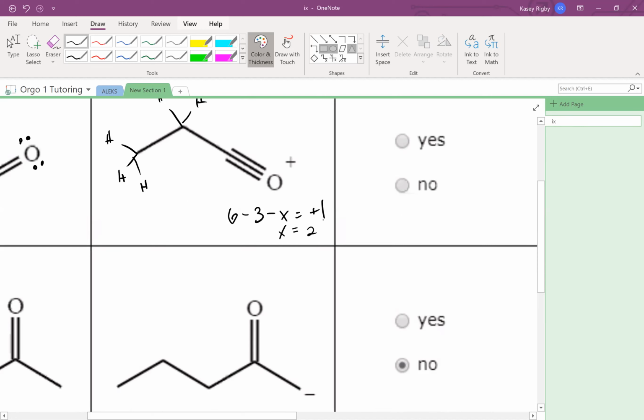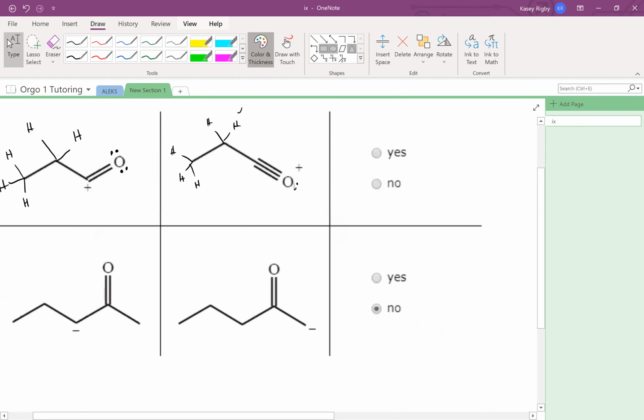Yes, there's only 1 pair of electrons here. That means we aren't violating the octet rule in any way, so both of these structures are valid and can exist. Now what we need to do is determine if the resonance structure is valid.